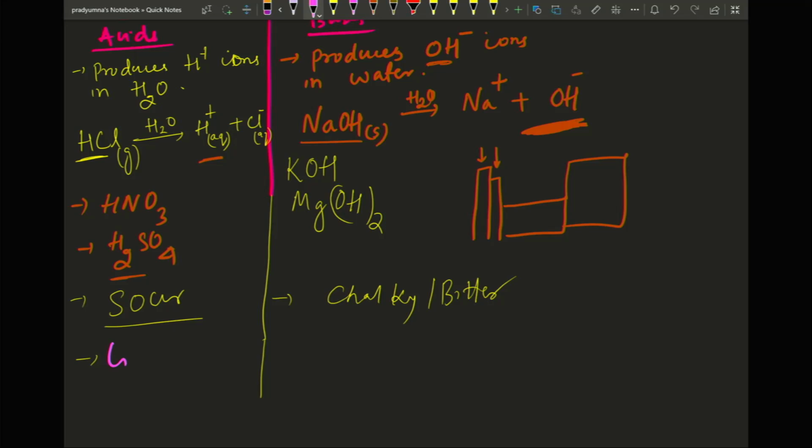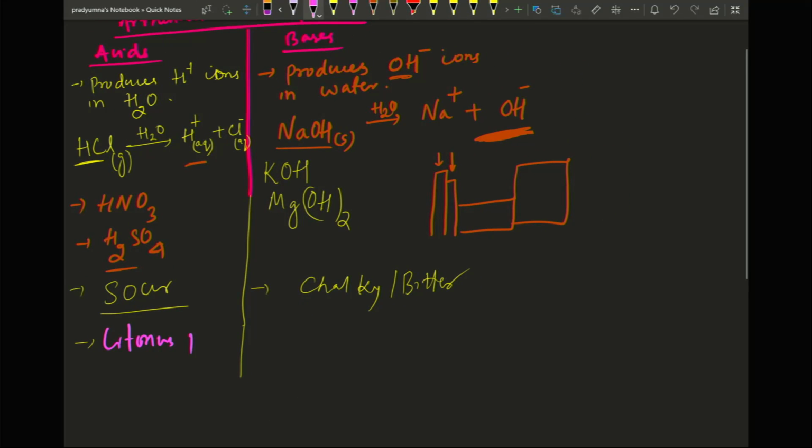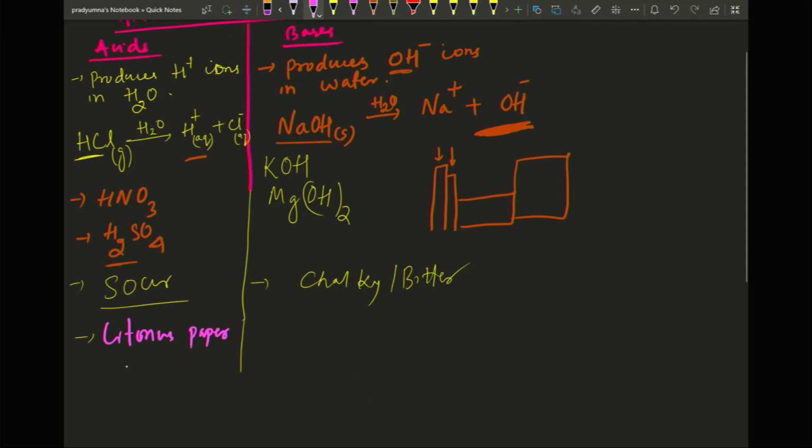Litmus paper is a pretty good test. Litmus paper turns red in an acid, and in a base it turns blue. But this is just one example.